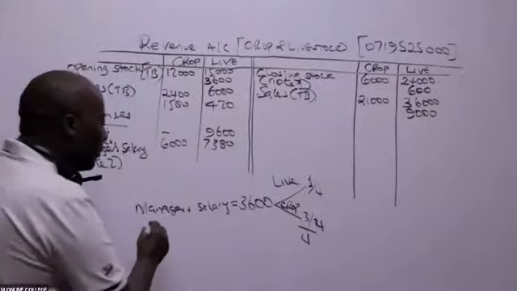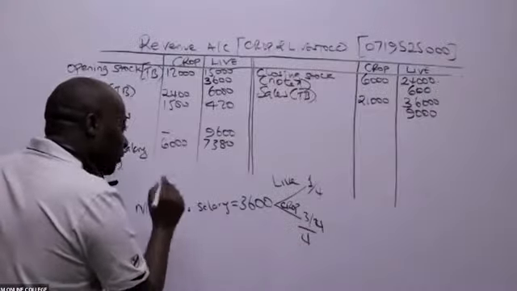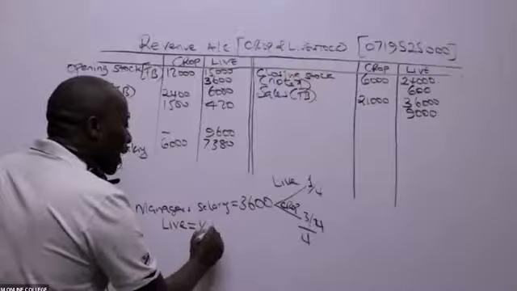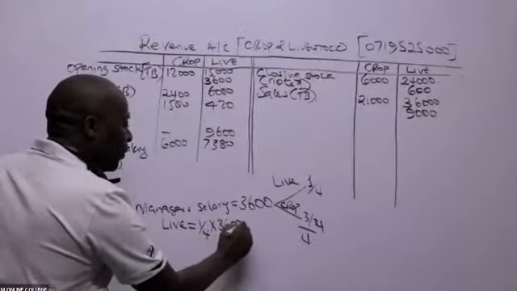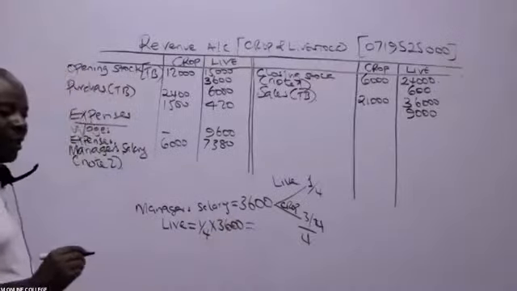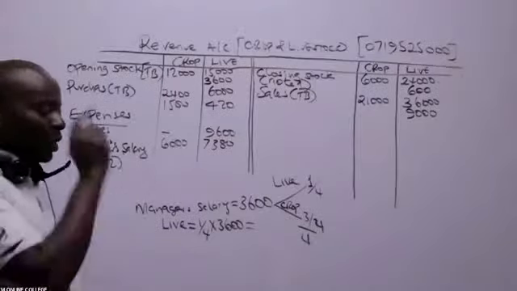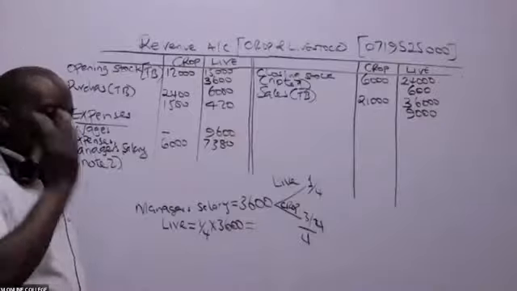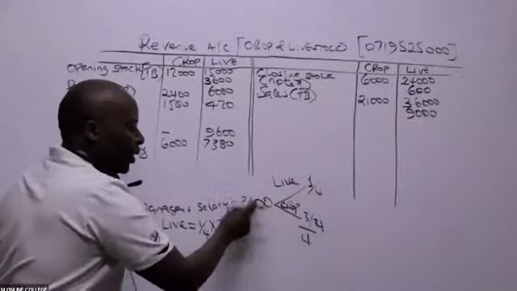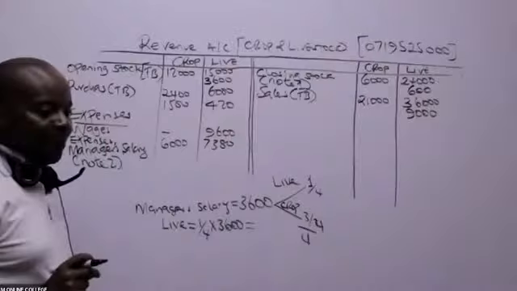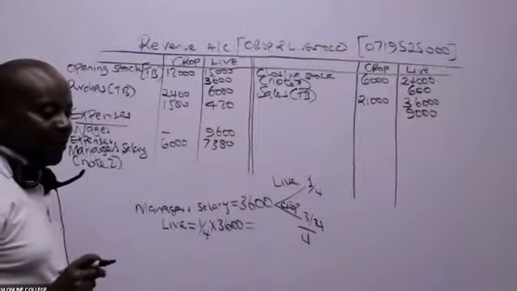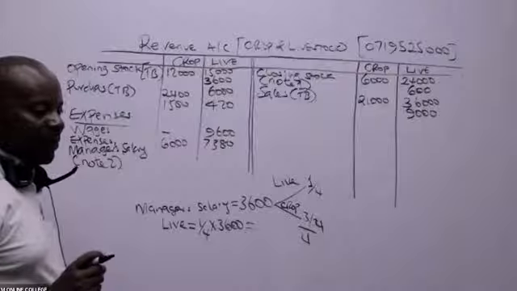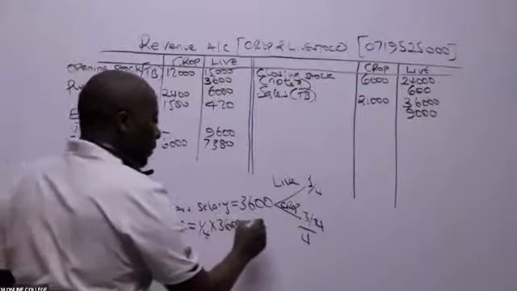So meaning, ladies and gentlemen, that the manager's salary going to livestock will be a quarter of 3,600. Are you able to give me this answer? A quarter times 3,600 is 900.